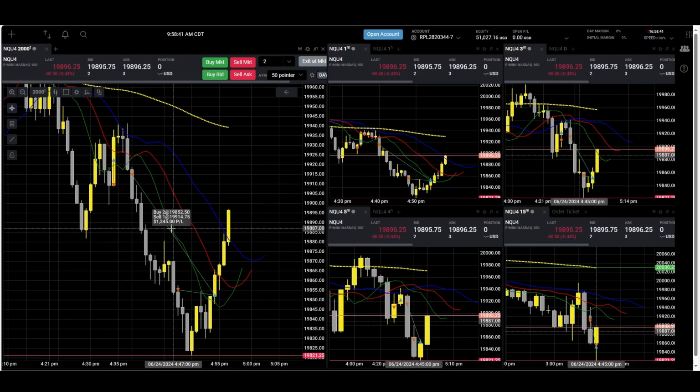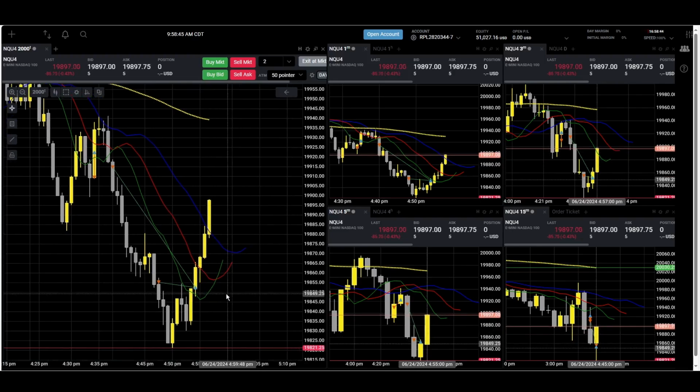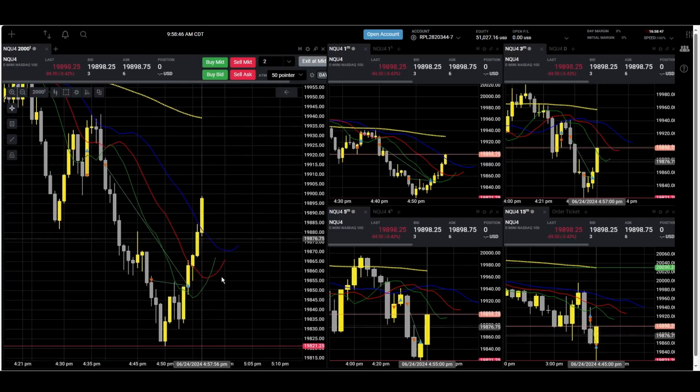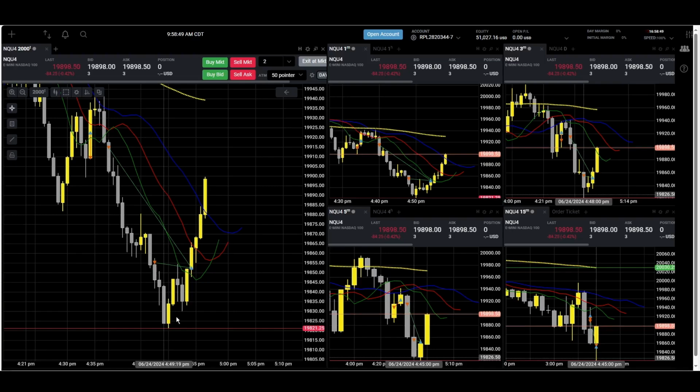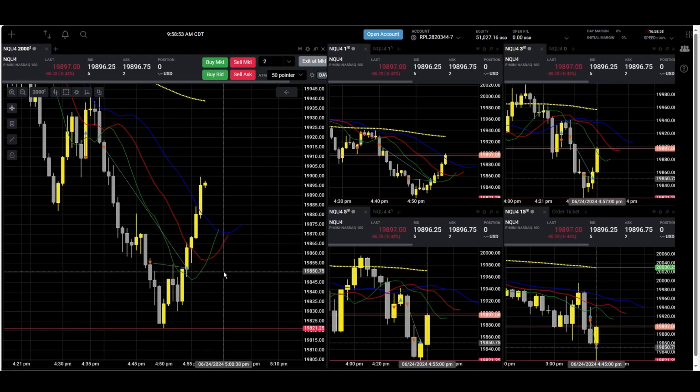And you can see what the price was doing after we exited. So the exit was a good call. Could have been better. It always could have been better. That's what woulda, coulda, shoulda means in trading, right?